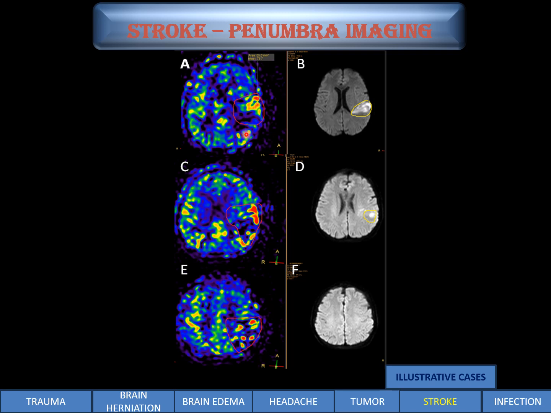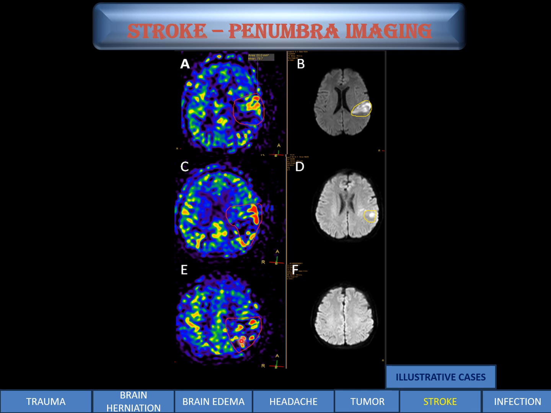Penumbra imaging. For example, if the patient is having an MCA occlusion, there is already an infarct, which is seen in the diffusion. Now the question is, will opening up or recanalizing this patient be of any help? That is when we do penumbra imaging, in which we try to identify a perfusion diffusion mismatch. Here we are able to see the circled red areas having less blood supply when compared to the right side.